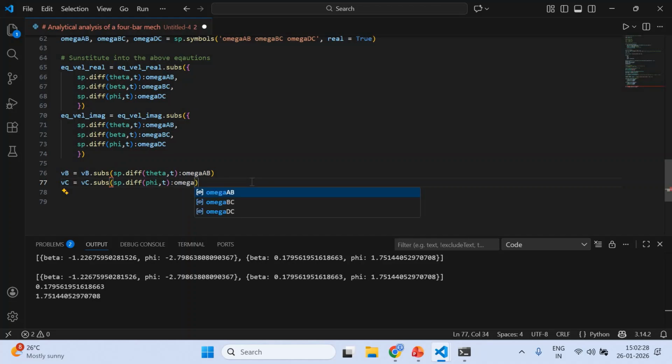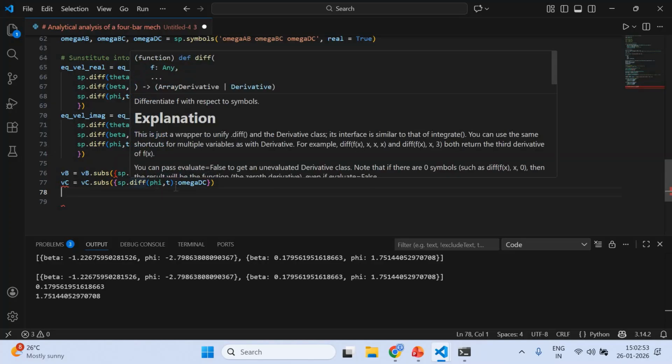So we will simply replace sp dot diff, in the bracket phi comma t, with omega DC. So again the curly bracket, and then finally close this bracket. Put it into dictionary form, so we are simply using the curly brackets.